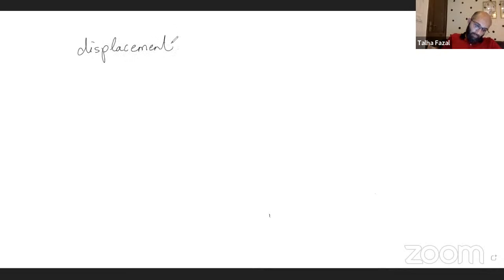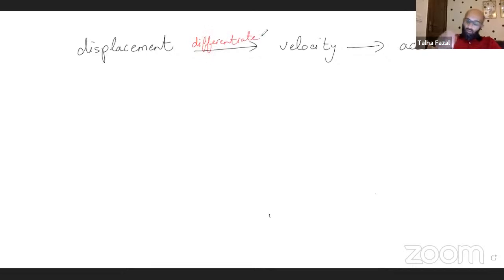Okay, let me try and give you an overview of what we are dealing with here. Displacement to velocity to acceleration. If you differentiate displacement, you get velocity.